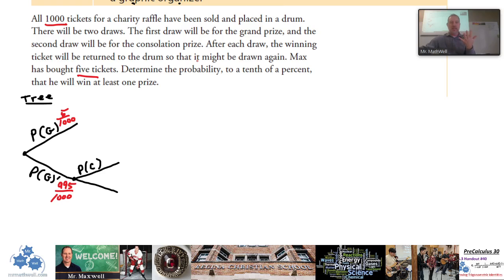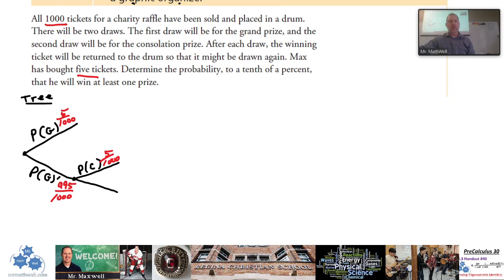He has 5 tickets in the game still, and there's still 1,000 because the tickets were all replaced. So does it make sense that the probability of winning the consolation is the same, 5 out of 1,000? Is that okay? All right, you get that? So all the tickets are being replaced. There's only 1 winning ticket. He has 5 chances of getting that 1 winning prize out of the 1,000 that are there.